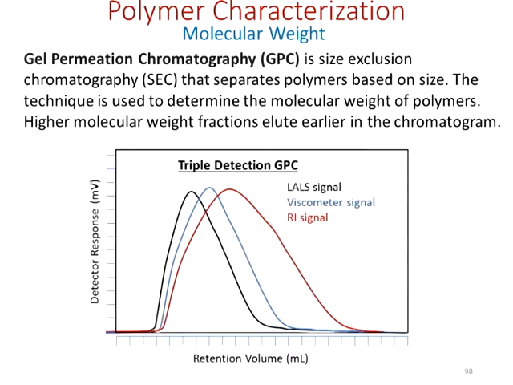One of the ways of characterizing these is by gel permeation chromatography, GPC. It is size exclusion chromatography, SEC, that separates polymers based on size. So you have this pail of polymers, different size marbles, different size balls in there, and they're all characterized based upon their size through size exclusion, meaning that you have this gel that has a surface, but there's more internal pore region in there.